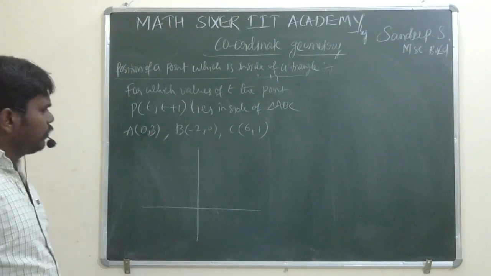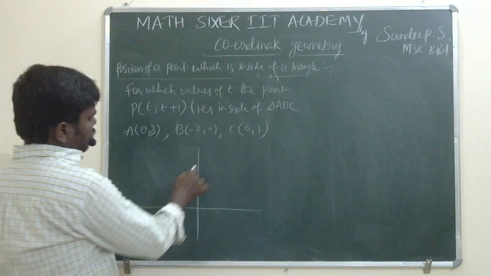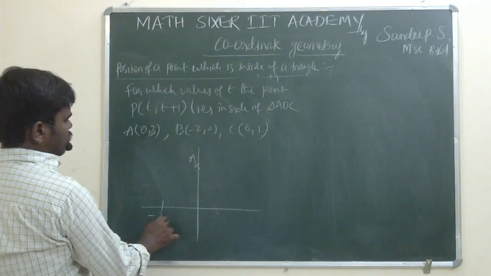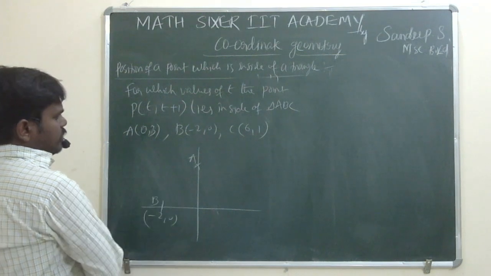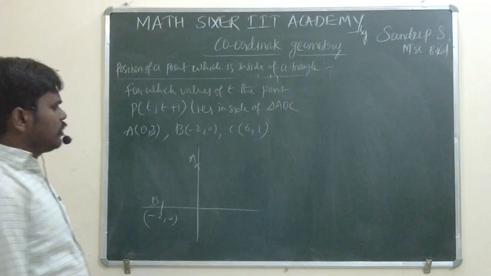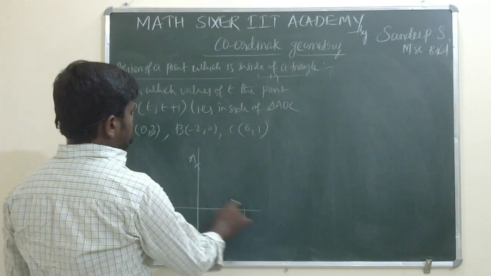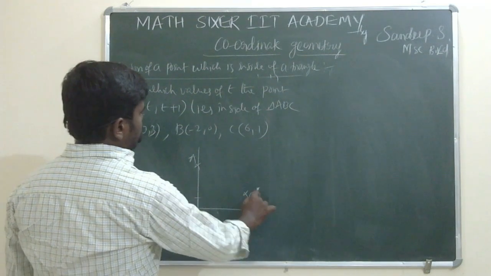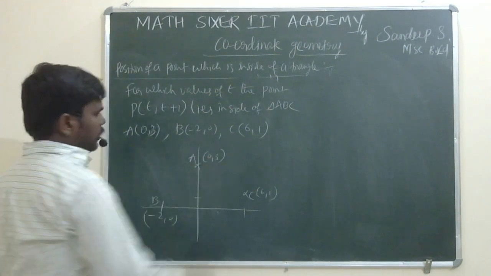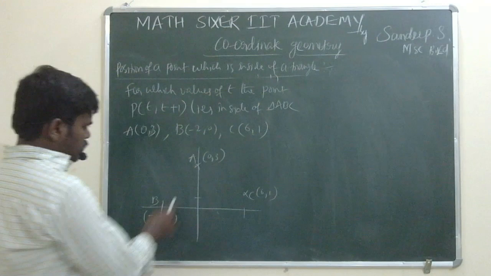When you are taking 0 comma 3, it is on the y axis, and minus 2 comma 0 is on the x axis, and here both are positive, so 6 comma 1 you can take in the first quadrant. So here it is 6 and this is 1, let it be, so here it is C 6 comma 1. Okay, so here 0 comma 3. Okay, so now simply join this.